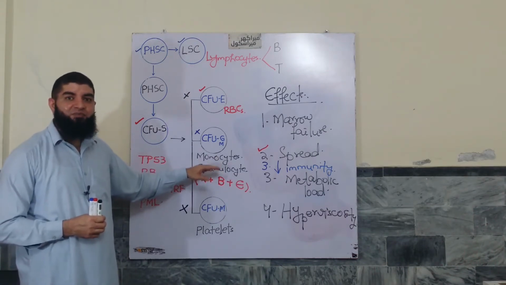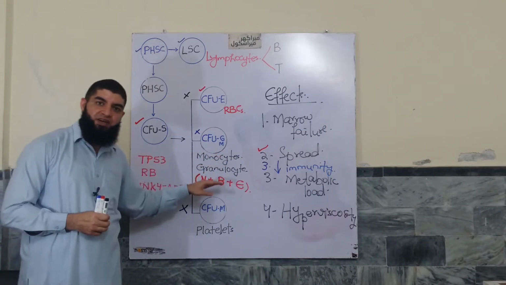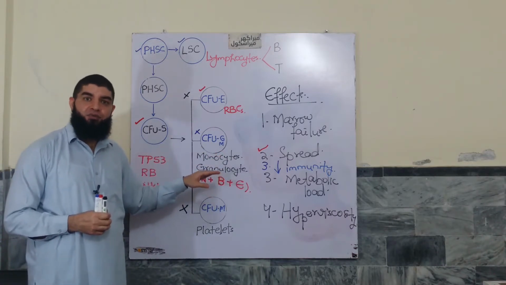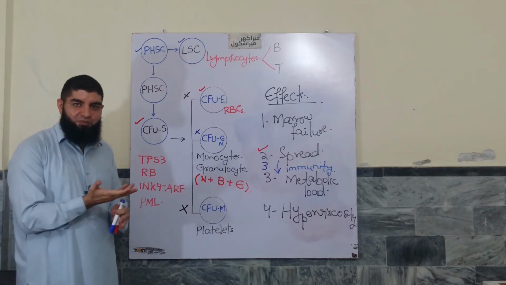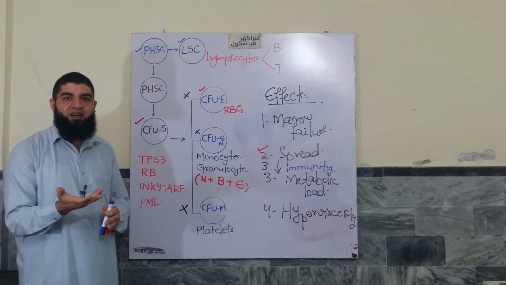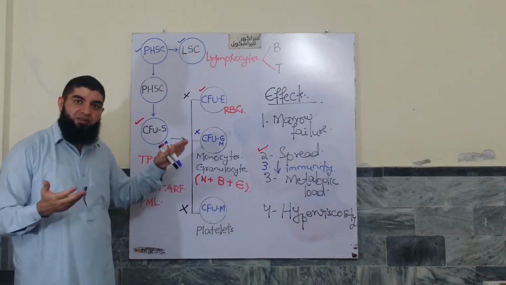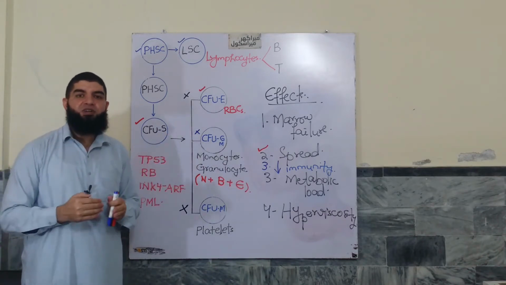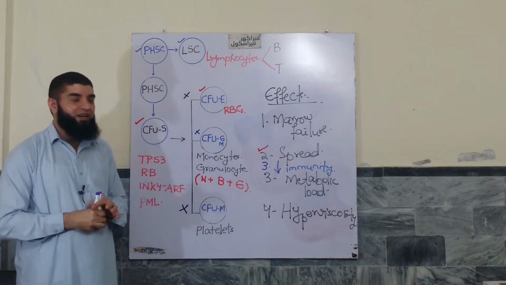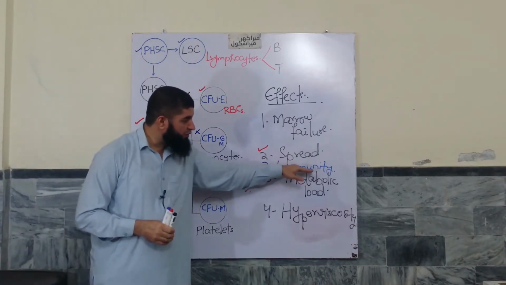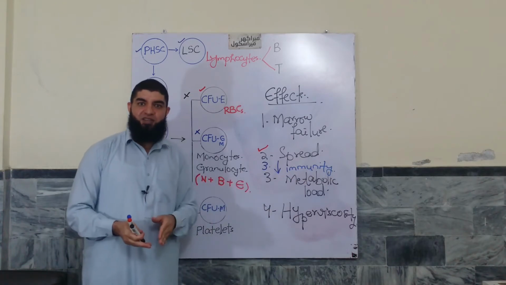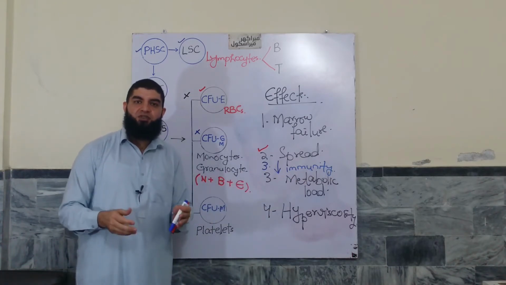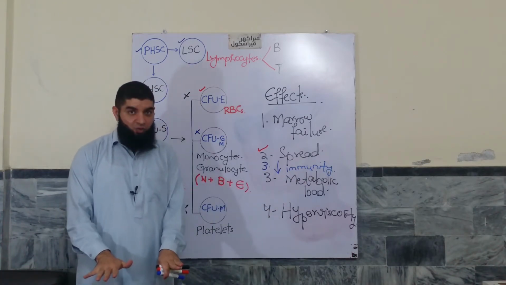They don't resemble their parents in appearance and in terms of function. If they are immature, they are not combat ready. So even if we have high numbers of them in circulation, since they are not combat ready, the immunity, particularly in acute leukemias, tends to be compromised. The immunity tends to be lower than normal in most cases.